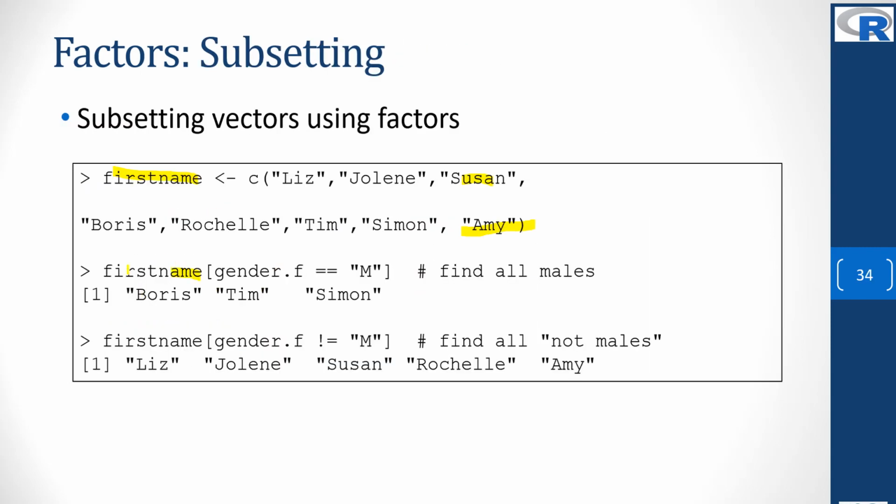And so now we're taking this first name vector of character strings, and we are extracting the male data from the first names by giving the relational expression of gender.f equals male. And so this subsets and provides all the names that have male assigned to them. We do the same thing with the inequality operator. Gender not equal to male, and it finds all the names that have female or not male assigned to them.